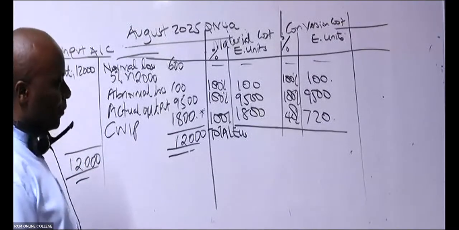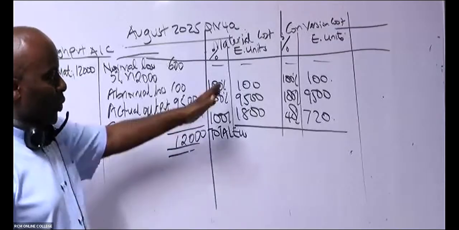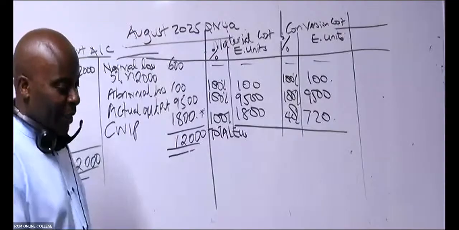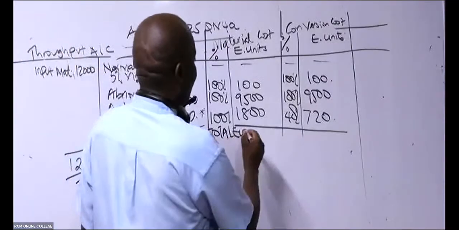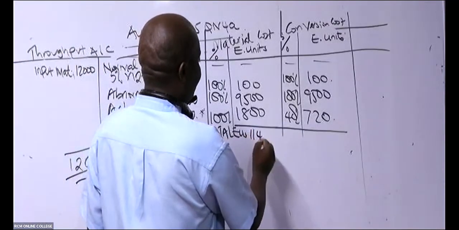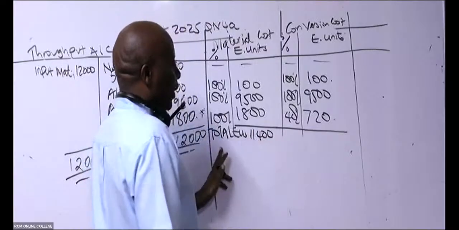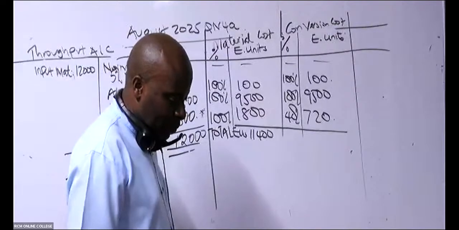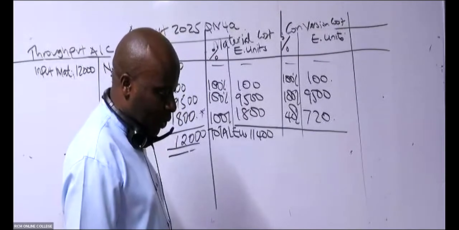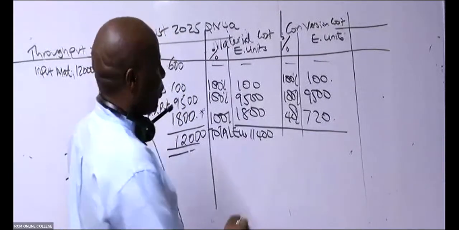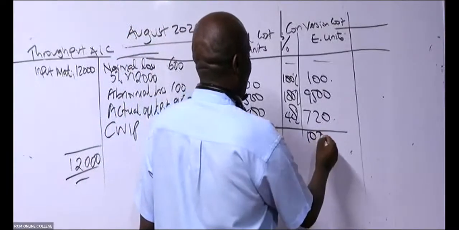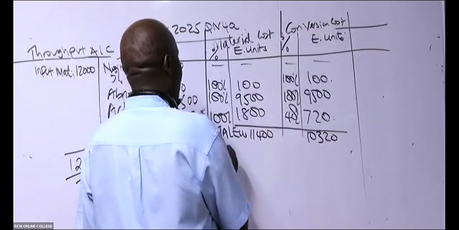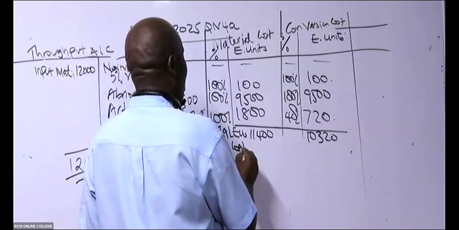You add these ones. 11,400. How about total equivalent units for conversion cost? 10,320. Thank you so much. After total equivalent units, give us total cost.